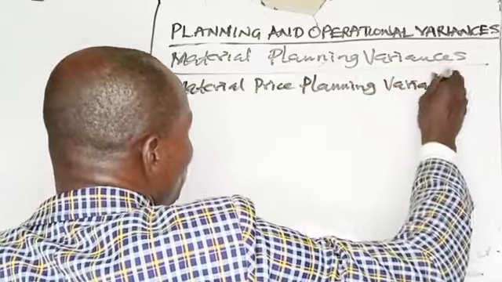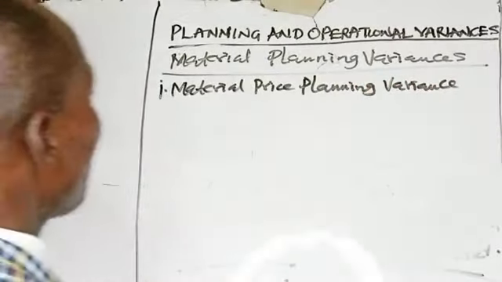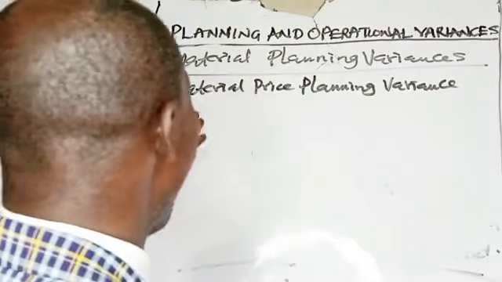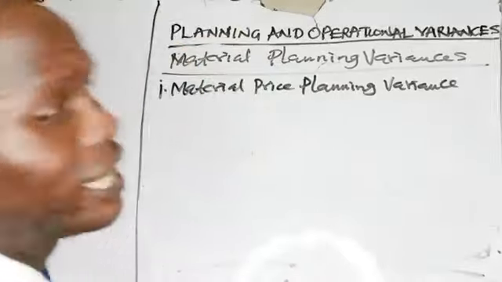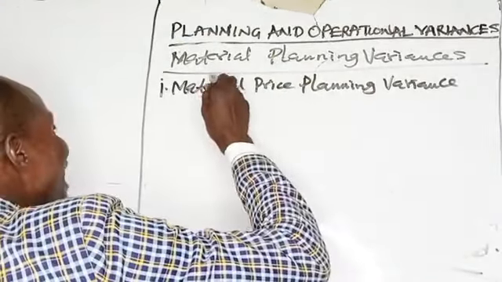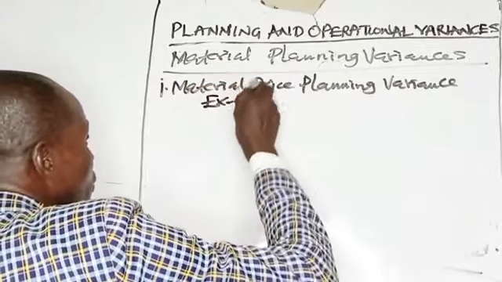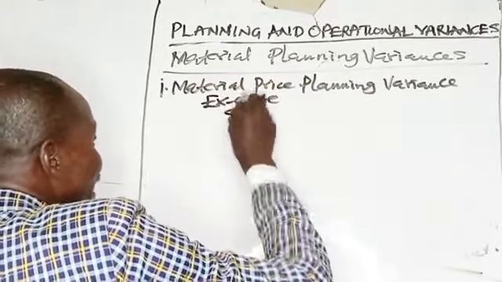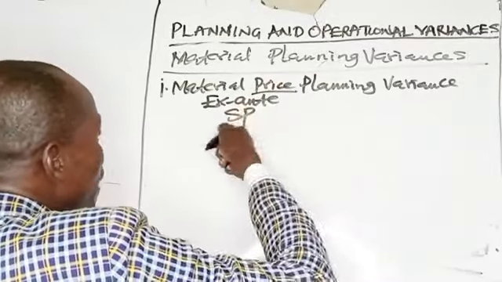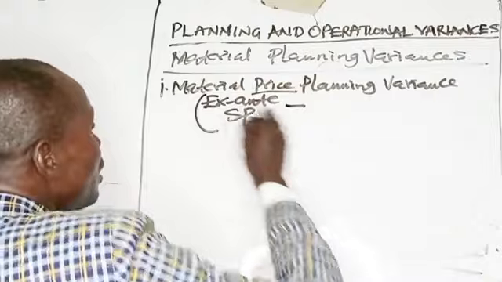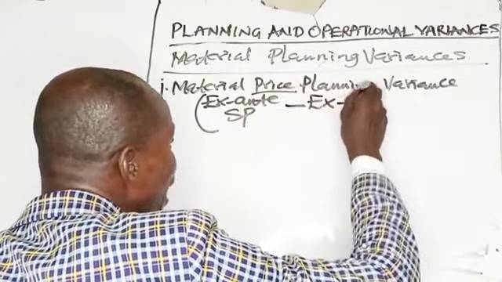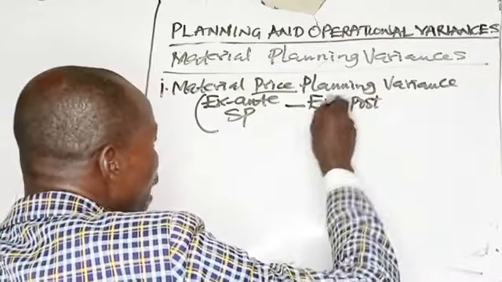Remember, I've told you in computing any of the planning variance that you are going to compare the ex ante with ex post. Therefore, you will have ex ante standard price, since it is a price variance, minus ex post standard price.